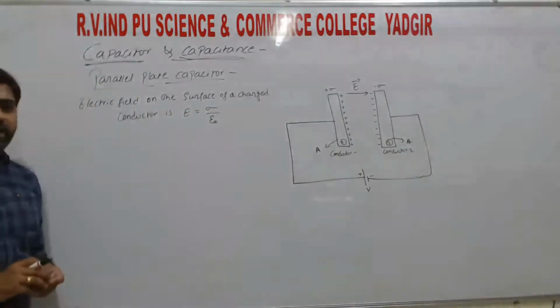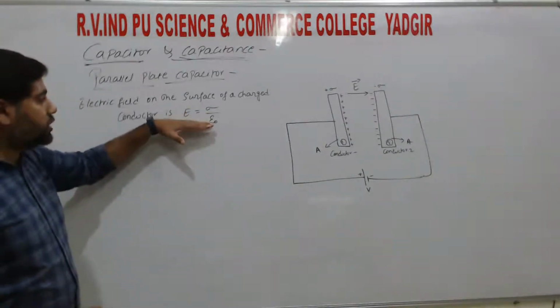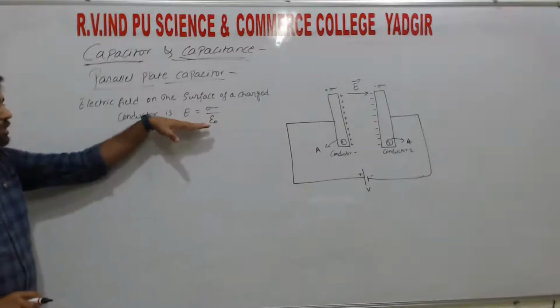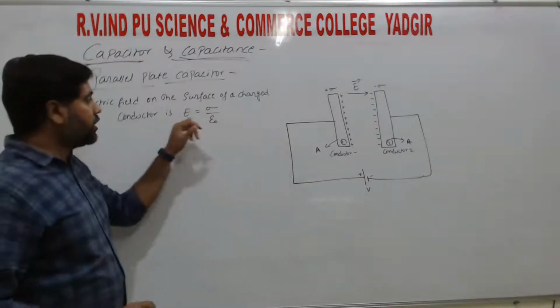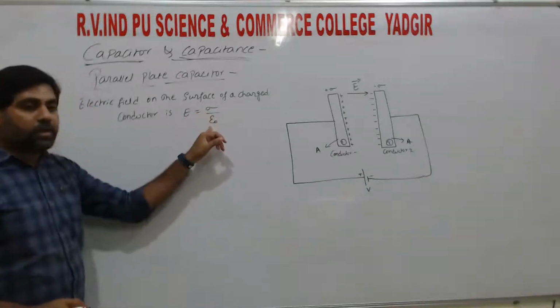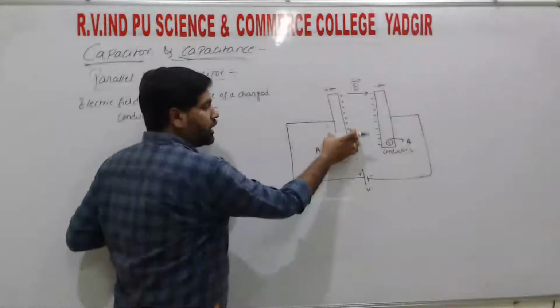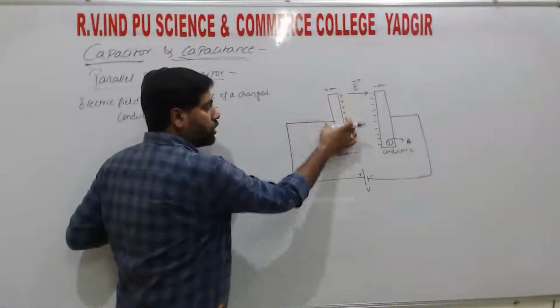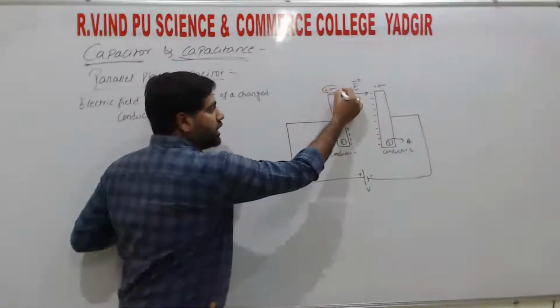In the last class we discussed the results of conductors. That means the result we discussed is that the electric field on the surface of any charged conductor has the relation E equals sigma by epsilon naught. Here we are considering one conductor, which we call a plate, with charge density sigma.